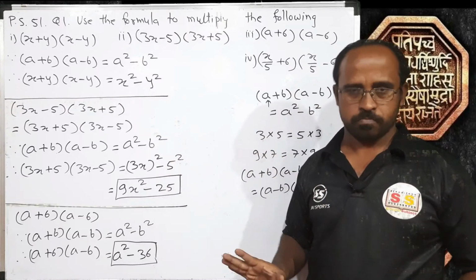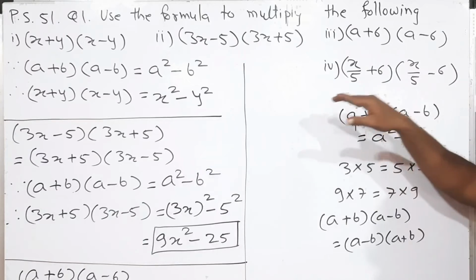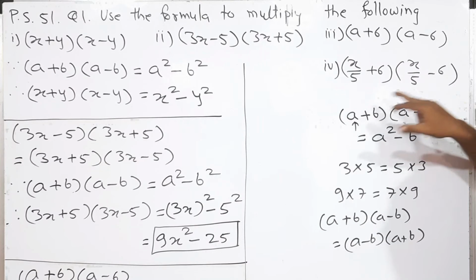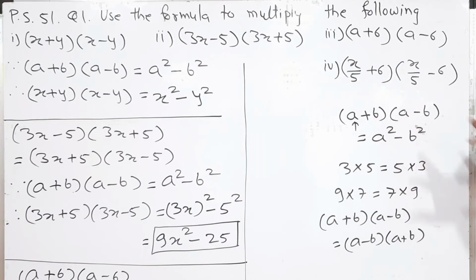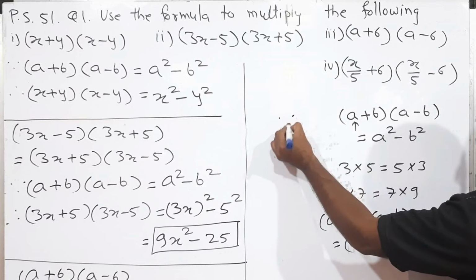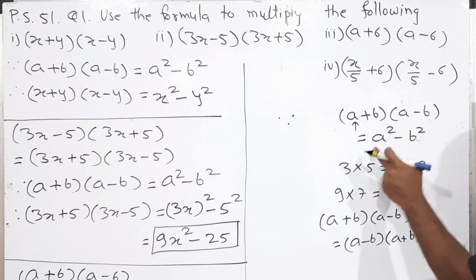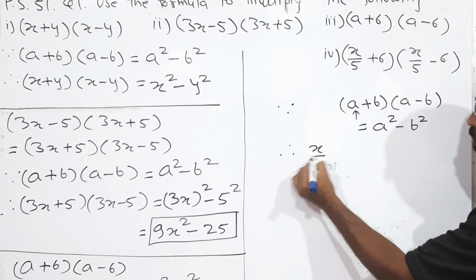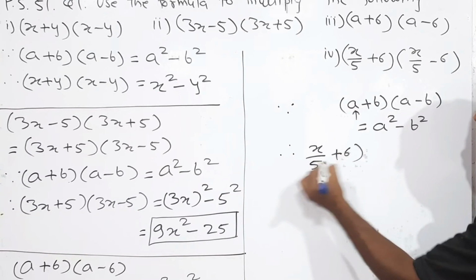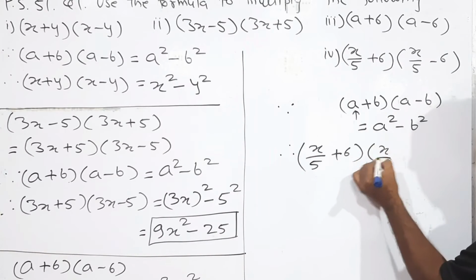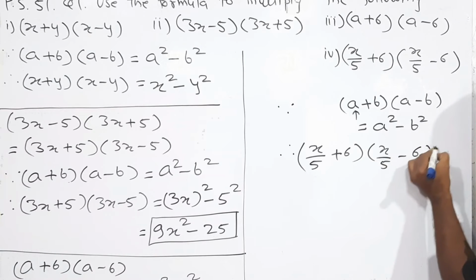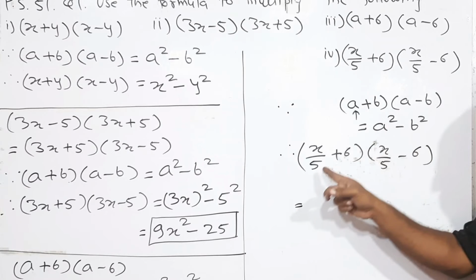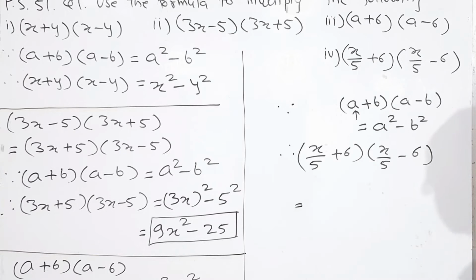Okay, the question is x upon 5 plus 6 multiplied by x upon 5 minus 6. Once again, we can use the formula of a plus b into a minus b. If a plus b into a minus b is equal to a square minus b square, then x upon 5 plus 6 multiplied by x upon 5 minus 6 is equal to, in the place of a square we have to write the square of the first term, that is x upon 5.